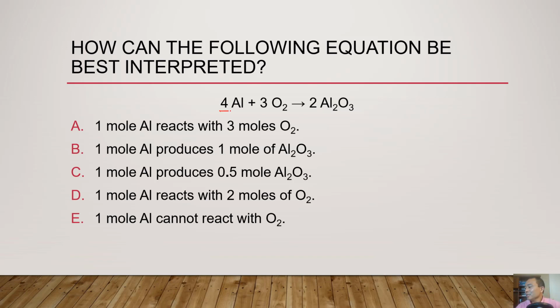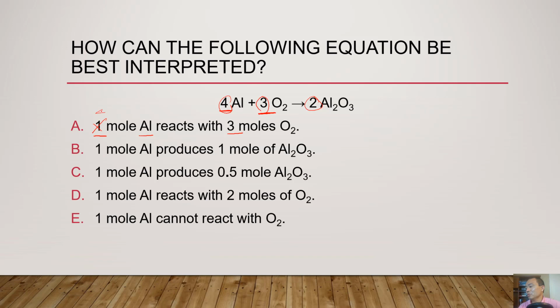When you look at this formula, we can read this as 4 molars versus 3 molars versus 2 molars. So if it says 1 molar of aluminum will react with 3 molars of oxygen, no, that's 4 molars, so this is wrong.